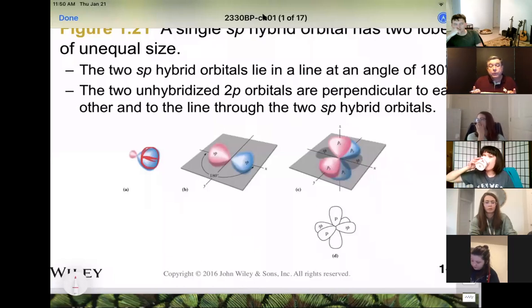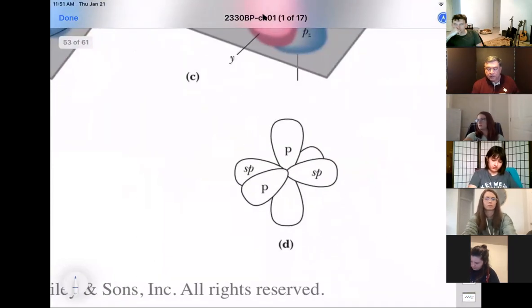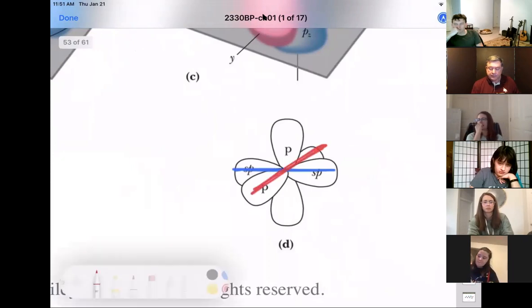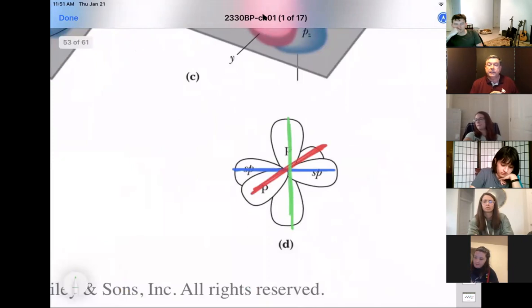We have two unhybridized p orbitals. So we have to arrange those such that they're in an X and Y plane that go through that hybridized orbital. So if you look at this right here, we have the hybridized orbital on one axis, one of the unhybridized p's on another axis, and the last unhybridized p on the third axis.